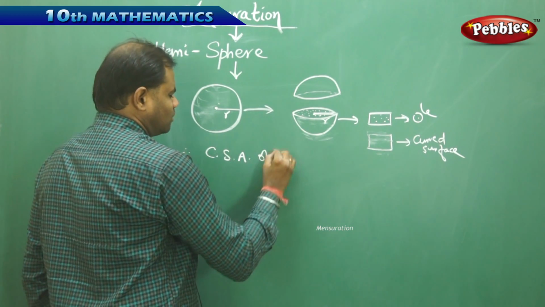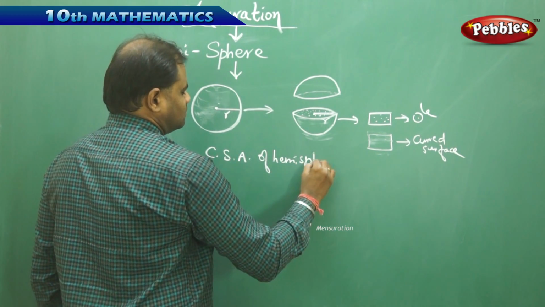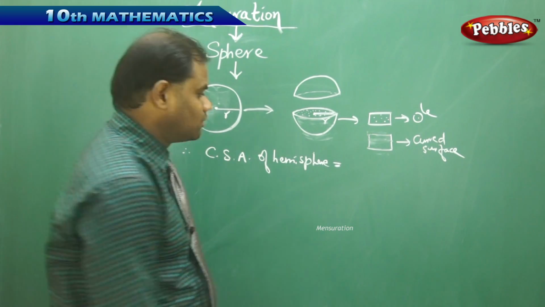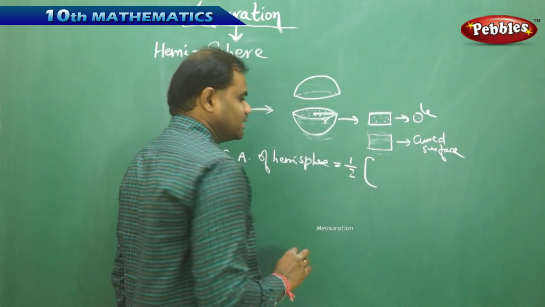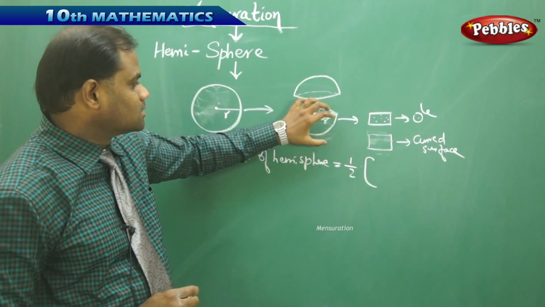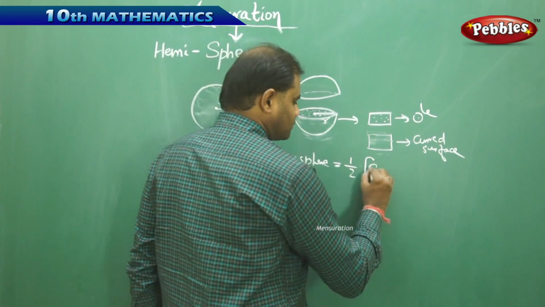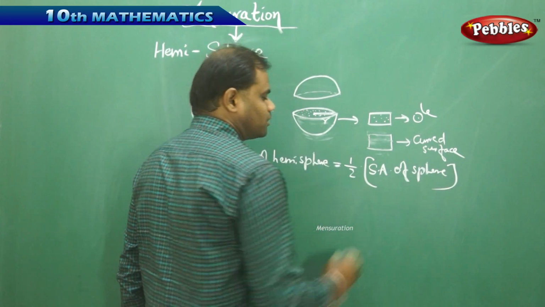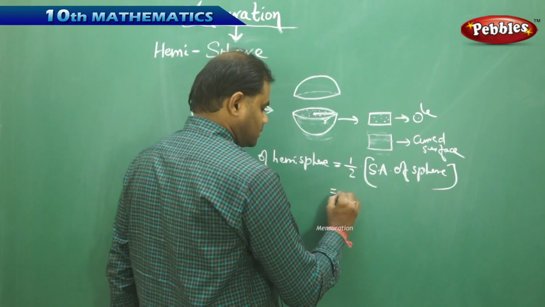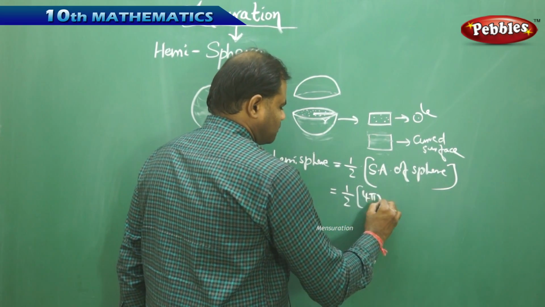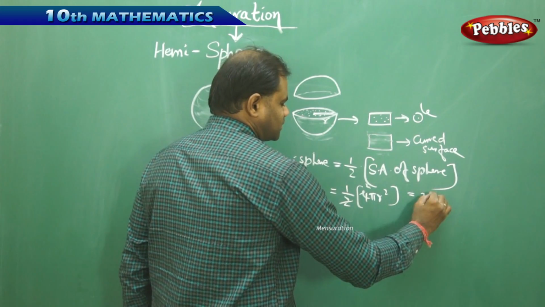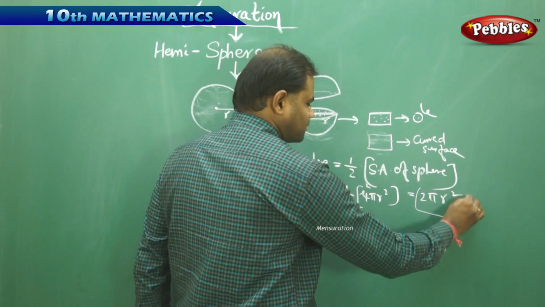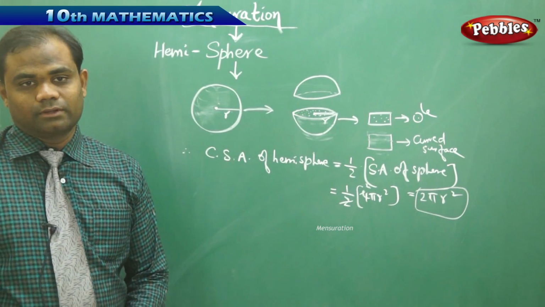Therefore, CSA of hemisphere will be exactly half of the surface area of sphere, because it is cut exactly in the middle. This part is half of this. Therefore, half of the surface area of sphere, which we have already found to be 4 pi r square, on simplification gives 2 pi r square. So curved surface area of a hemisphere is 2 pi r square.